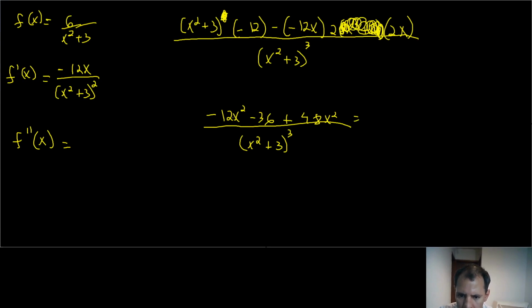So 48 minus 12 is equal to 36. So you got 36x squared minus 36, which is 36 times x squared minus 1, divided by x squared plus 3 cubed.